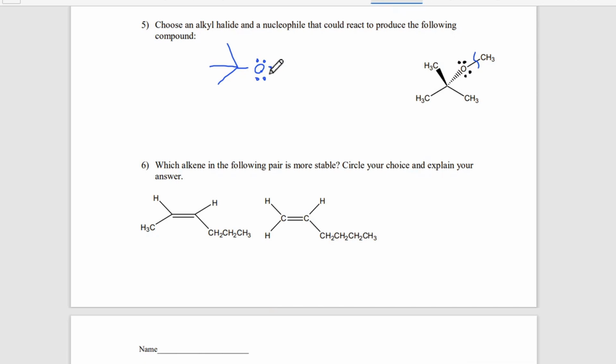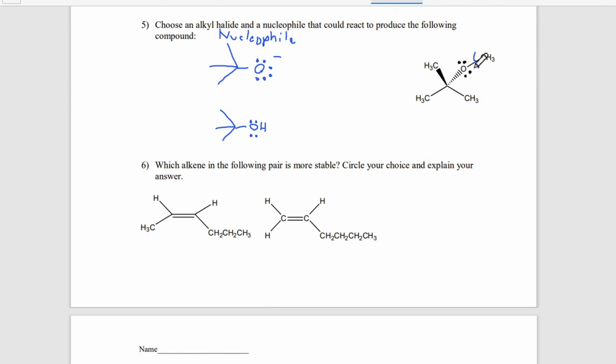So this could either be tert-butoxide, a negatively charged one, or it could be tert-butanol. That's a possibility too. And this would be your nucleophile. So either one of these theoretically could be your nucleophile.